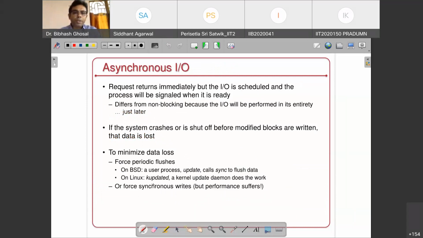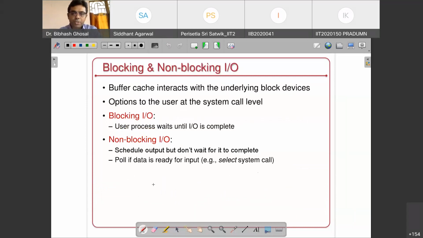Blocking and non-blocking that we mentioned yesterday. These are the two ways in which you can work with the different IOs. One is where whenever a process requests a block, the process is put to sleep. Until the entire block is read from the hard disk, the process will not work. This is called blocking.